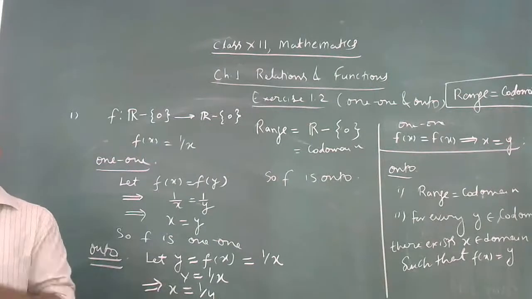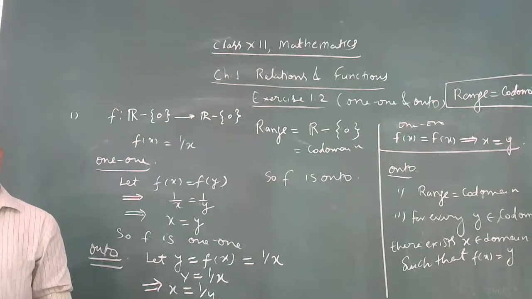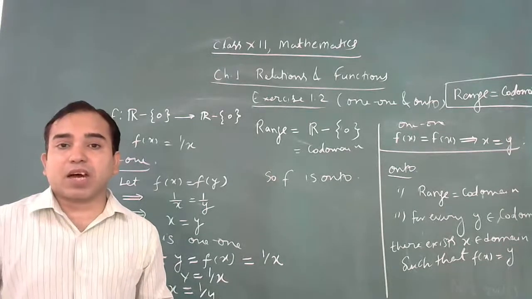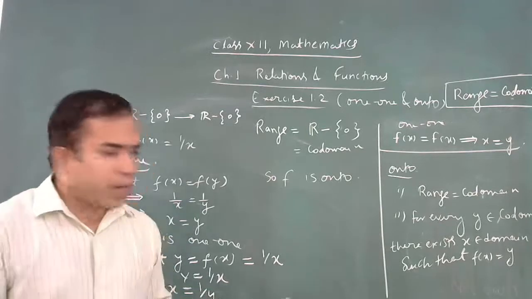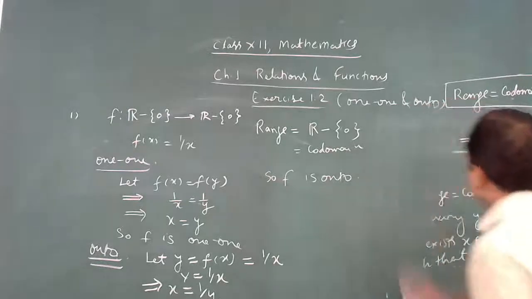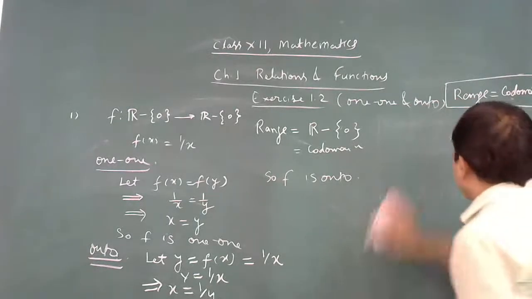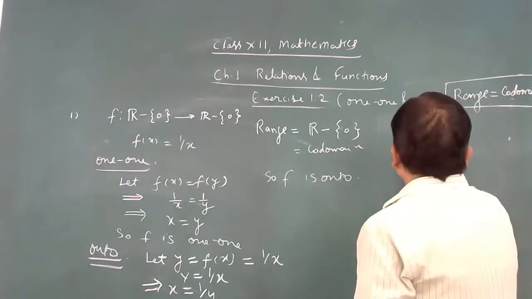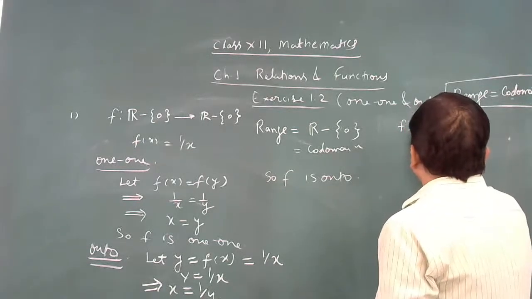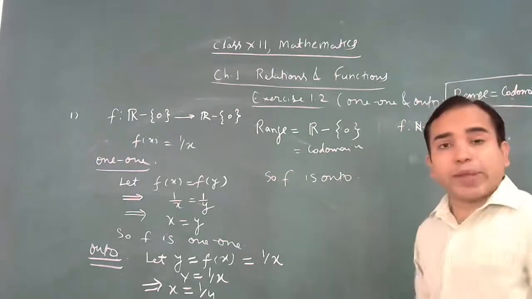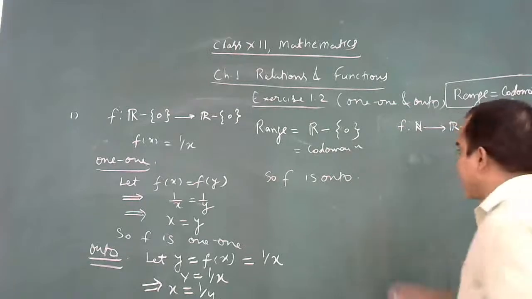But they are asking some more things if you see the question in your exercise. They are asking, if the domain R star is replaced by N and the codomain remains the same as R star. Let us make some change, and instead of domain R star, let us take N. So if I take a function f from naturals to R minus 0, whether the result will remain the same, they are asking.